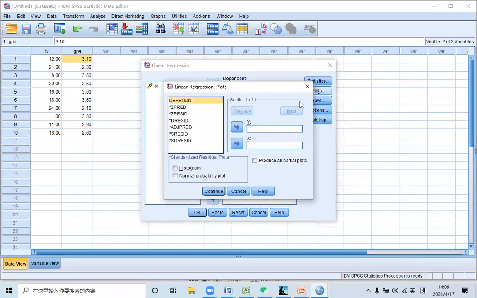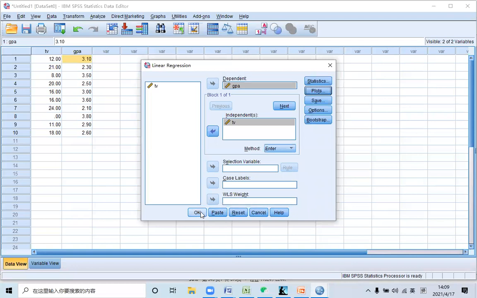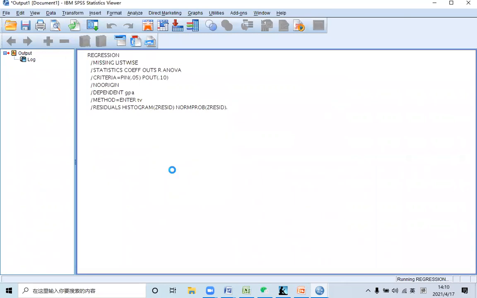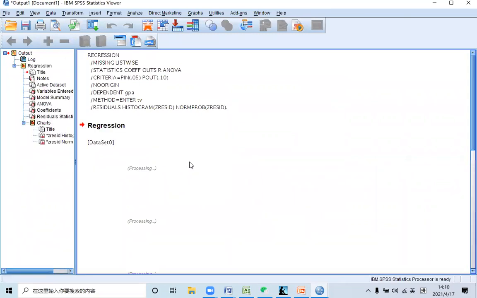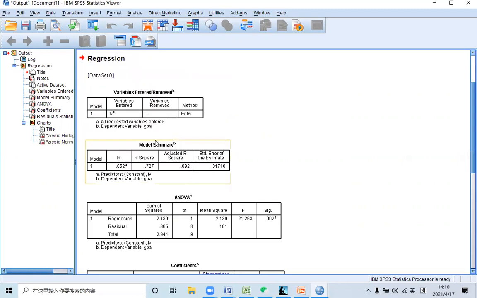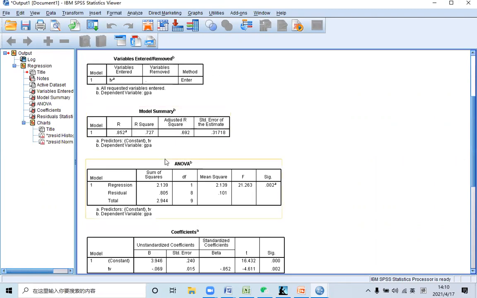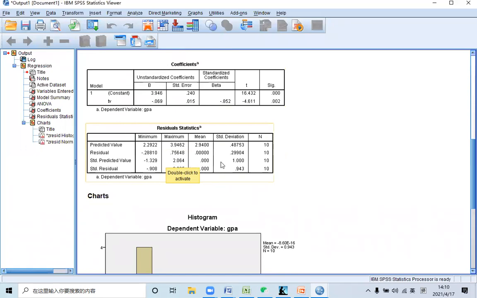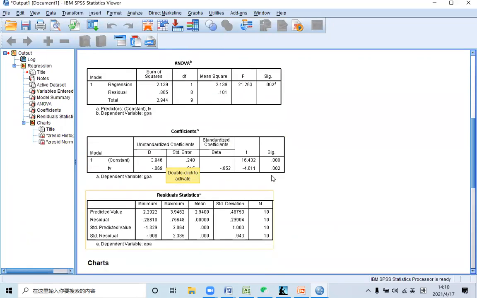See what plots we can get. Can we get scatter plots? Normal probability. Let's get this, guys. Normality. Regression coefficients.